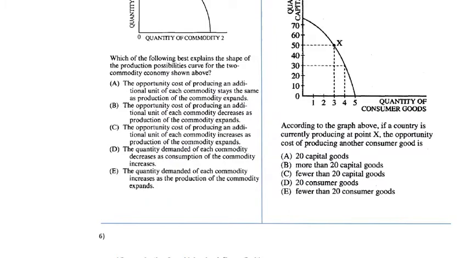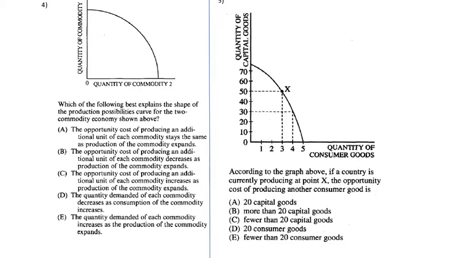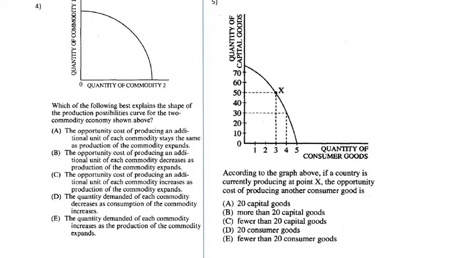Which of the following best explains the shape of this curve? We want to see increasing opportunity cost, right? This bowed out shape means we have an increasing opportunity cost. The opportunity cost stays the same. Nope. The opportunity cost decreases as production increases. Nope. The opportunity cost of producing an additional unit of each commodity increases as production of the commodity expands.